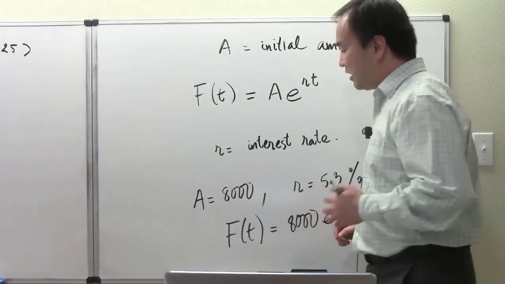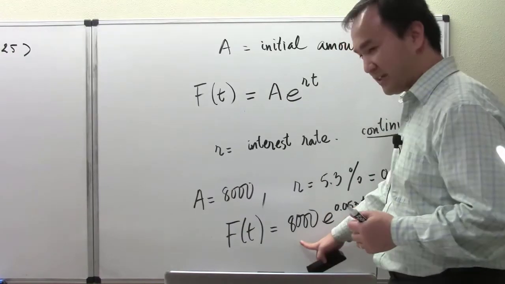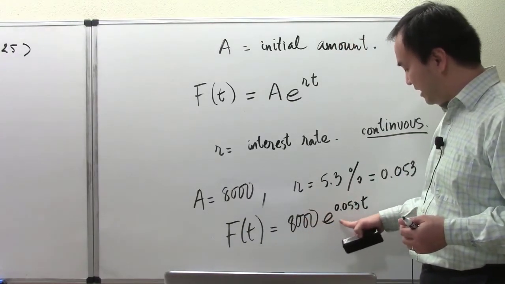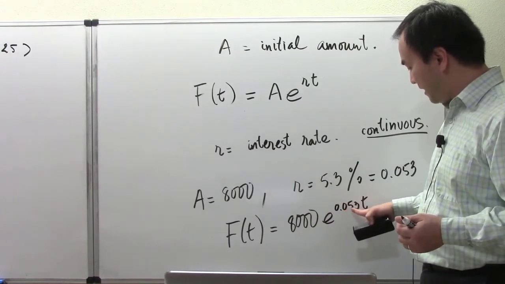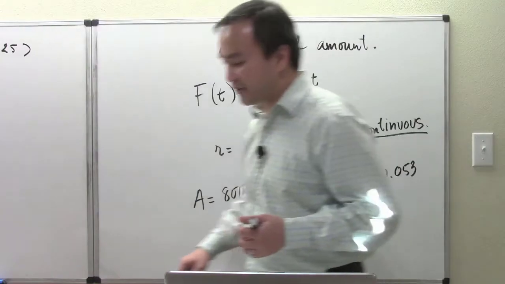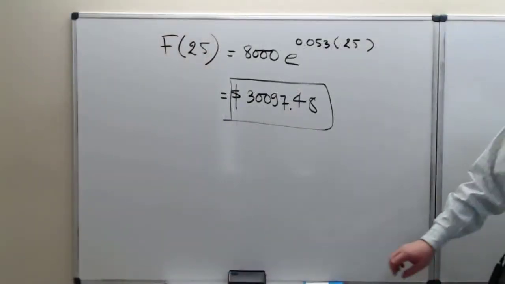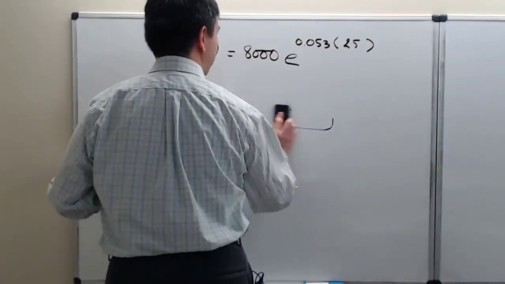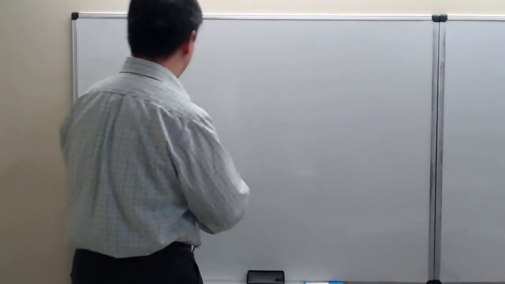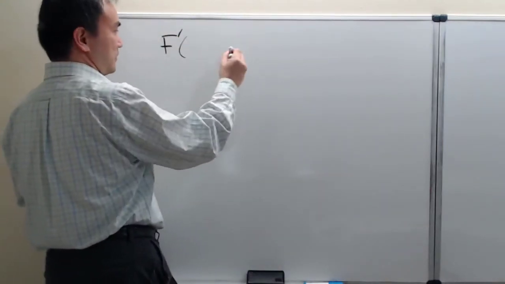being clear with what we're looking for, once again I'm going to keep my modeling function right here. It's 8,000 e to the 0.053 t. But now, the actual problem is looking for the instantaneous rate.